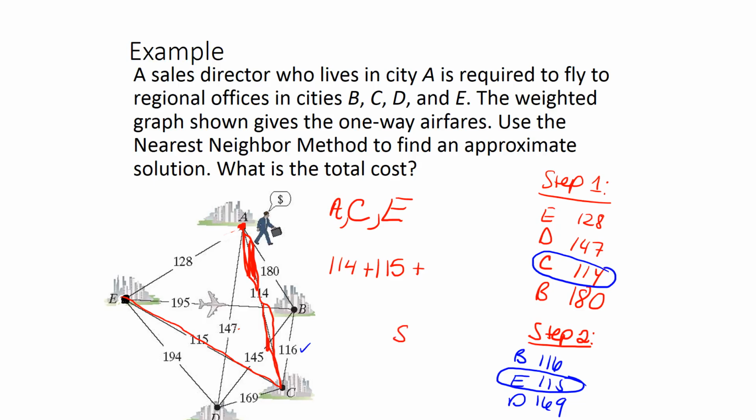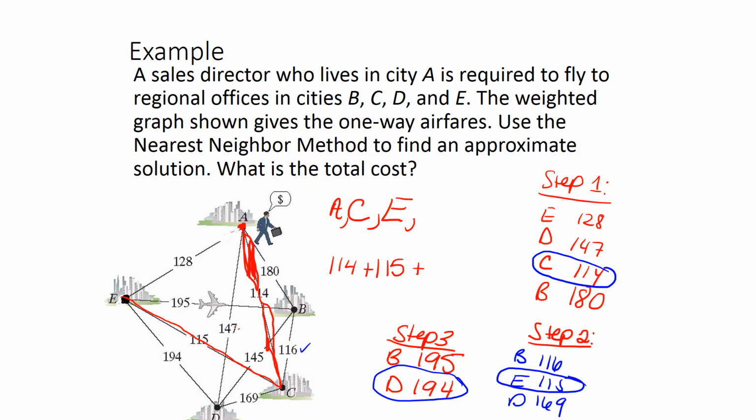And then in step 3, we're at E, and we're not going to go back to A yet. We're going to hit A last, so we still haven't visited B and D. So we could go to B for 195, or we could go to D for 194. We've already been to C and E, so we can go to B or D, and we will go to the cheapest, which again is this one.